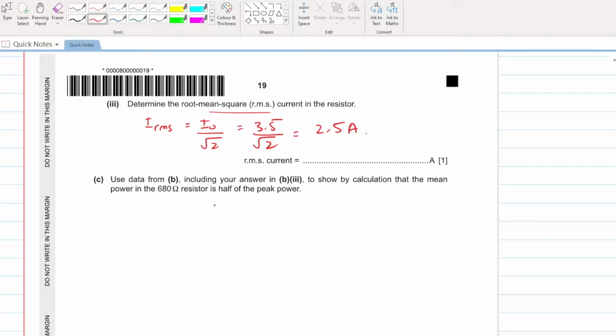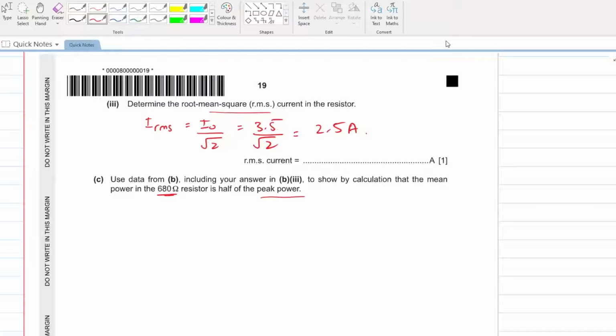Use data from B, including your answer in B3, to show by calculation that the mean power in the 680 ohm resistor is half of the peak power.